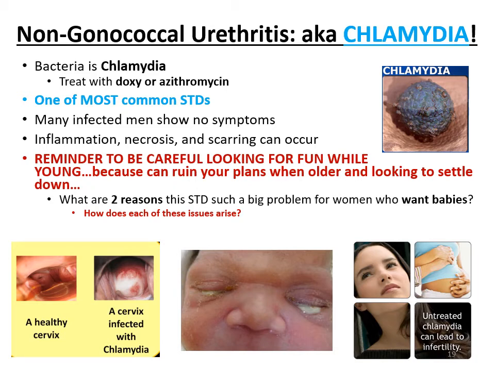Okay, so again, you may think that you're young and invincible and just having fun, but trust me, with biology, it comes back to bite you in the butt or elsewhere later on in life. So please emphasize in your notes the two big problems for women when it comes to STDs, conjunctivitis in the baby and infertility.